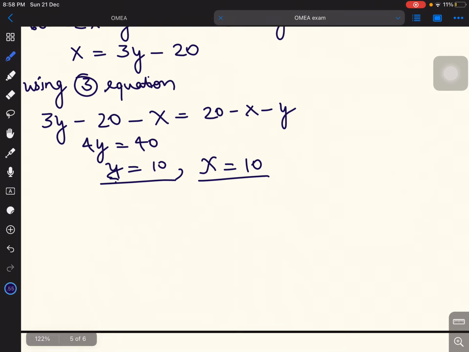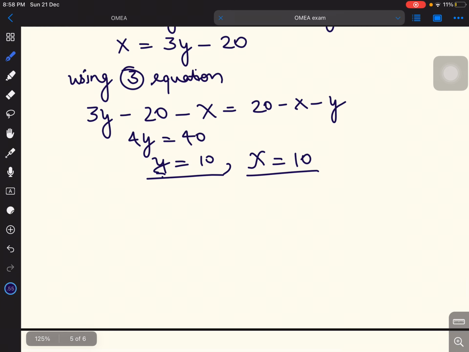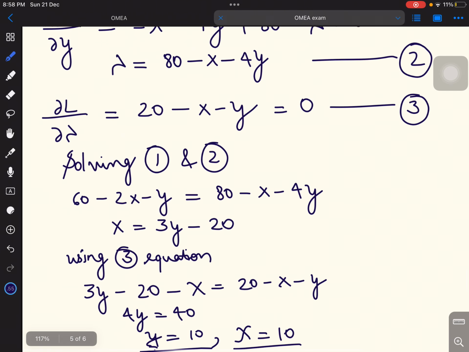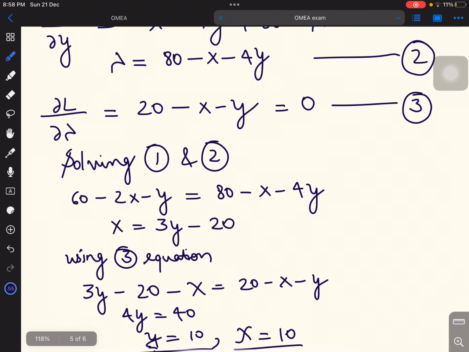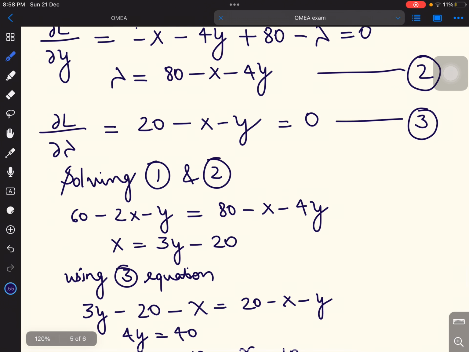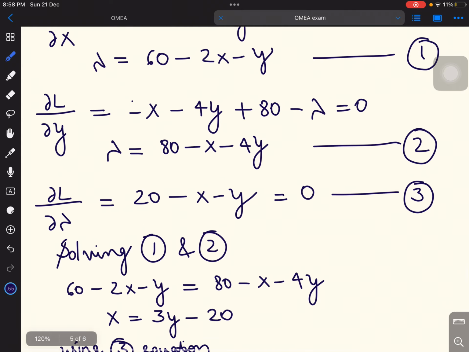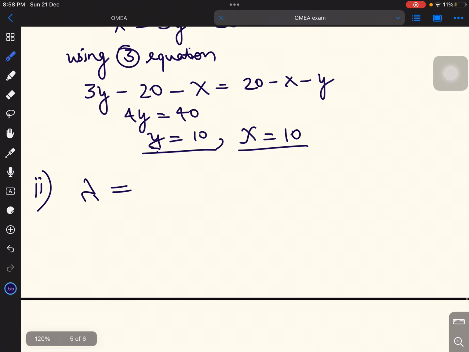For this we have to find the value of lambda. Lambda is either 80 minus x minus 4y or 60 minus 2x minus y. Let's use the first equation: putting in x equal to 10, y equal to 10, 60 minus 20 minus 10, this lambda comes out to be 30.